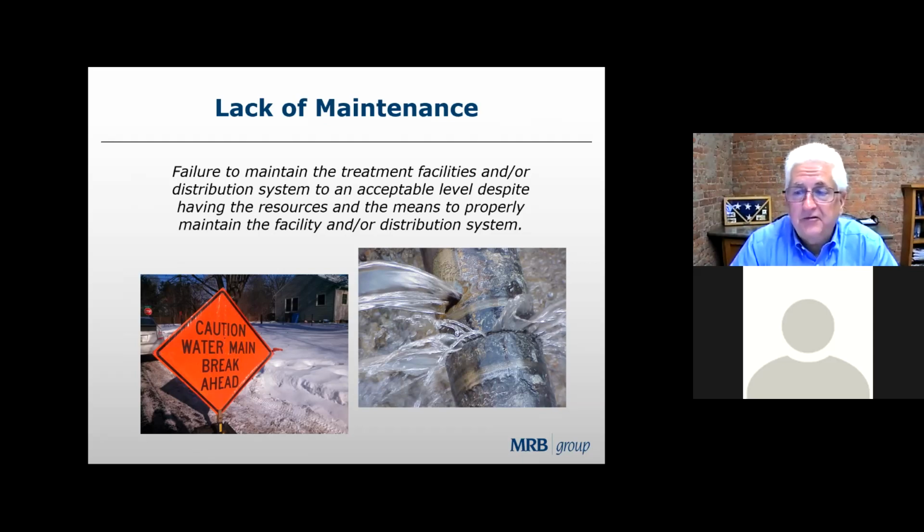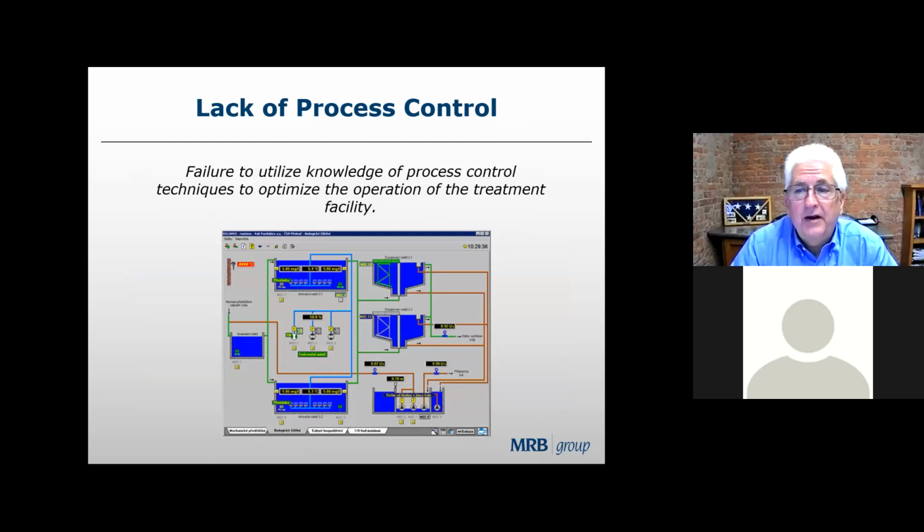But that doesn't stop us from having to take care of the maintenance items that need to take place. Lack of process control is another perhaps grounds for suspension. Failure to utilize knowledge of process control techniques to optimize the operation of the treatment facility. So you have to make sure that you can control the operation, whether it's your disinfection system for a water system or some kind of process control for your sludge handling for the wastewater plant.